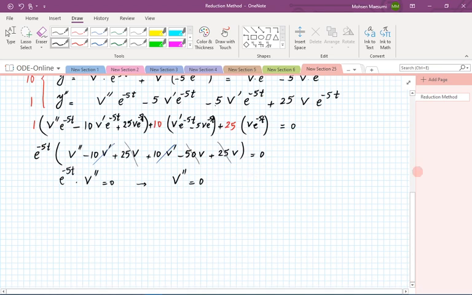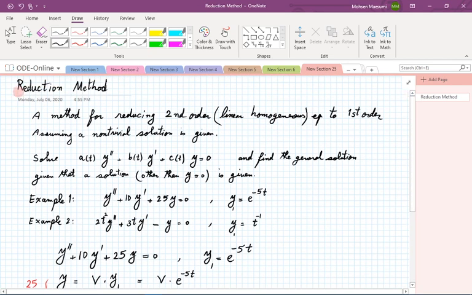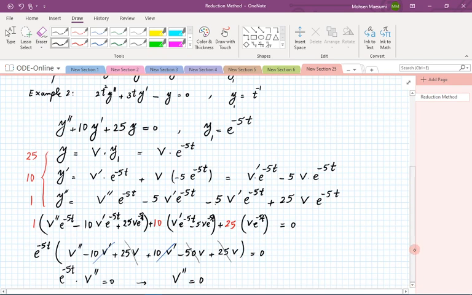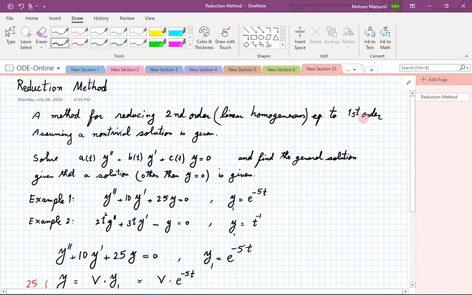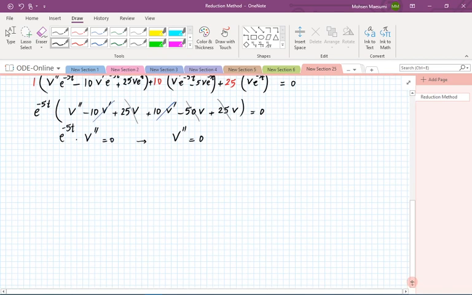But to explain the reason for the title of this lecture, reduction. Where is the reduction here? You were saying that we want to convert to first order. Where is your first order equation? So what we do is, to reduce this thing, we introduce yet another function, call it w.